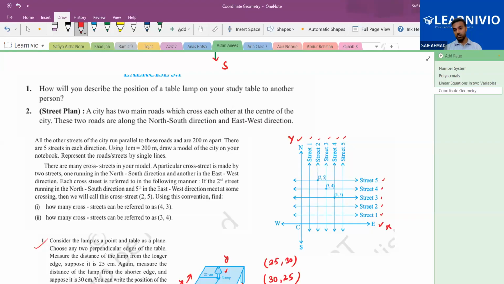These are the main roads. One second. These are the main roads.